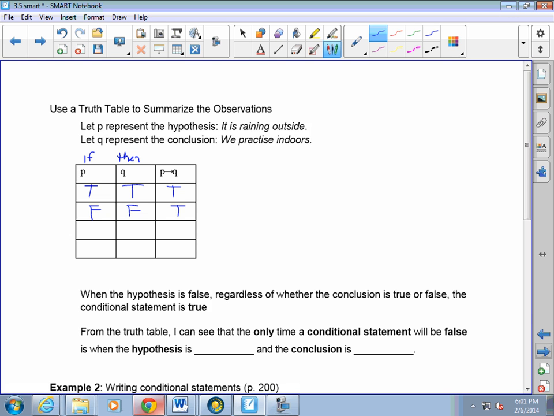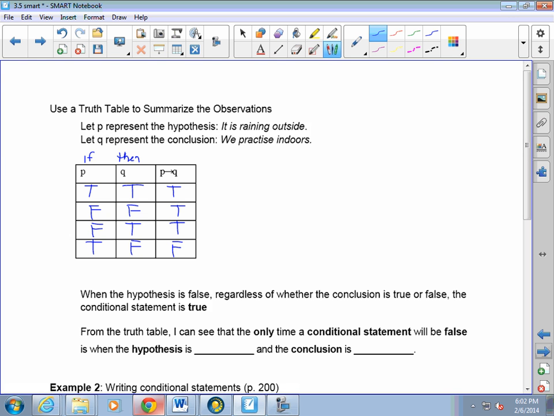When we had a false hypothesis and a true conclusion, our conditional statement was true, so P implies Q was true. And when we had a true hypothesis but a false conclusion, then we had a false statement.